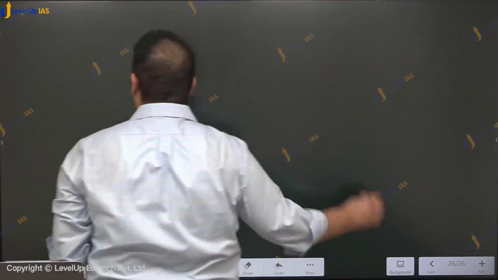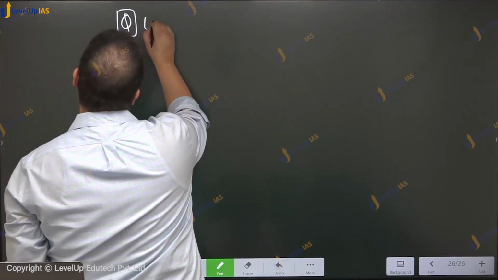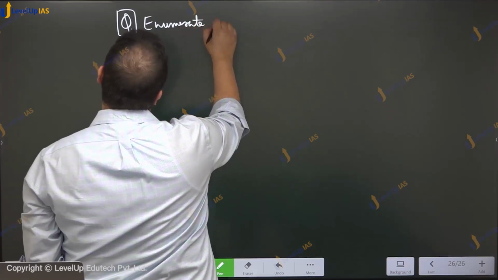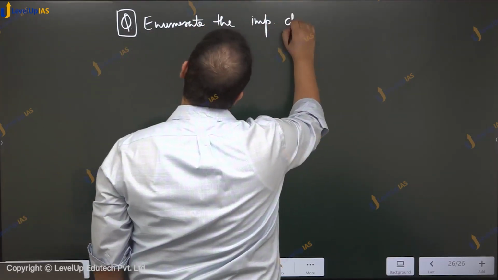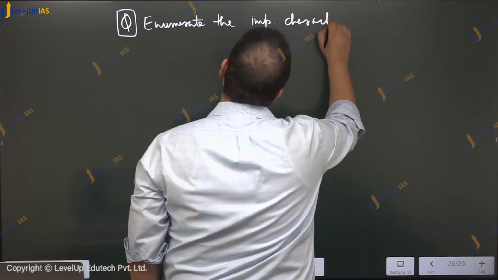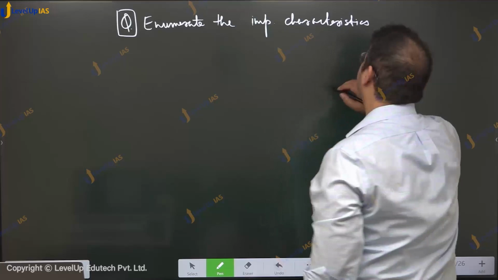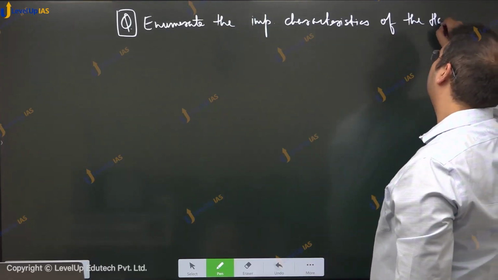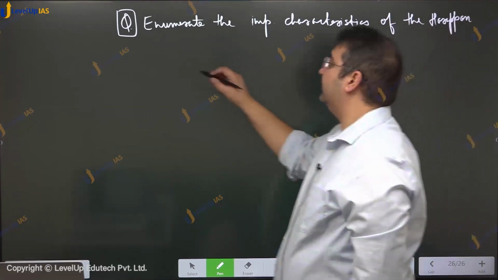Take down a question. Enumerate the important characteristics of the Harappan civilization.